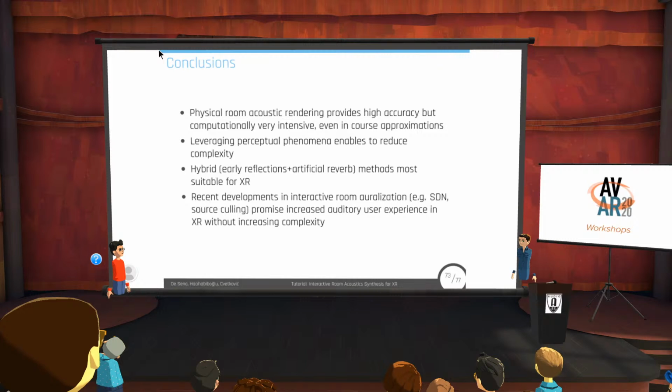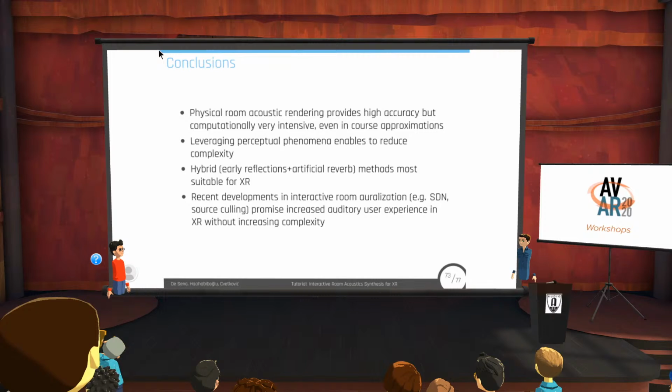In conclusion, physical room acoustics rendering provides high accuracy, but it is computationally very intensive, even in coarse approximations. So within an XR context, it is probably not the preferred choice, at least not right now. And leveraging perceptual phenomena enables us to reduce complexity.